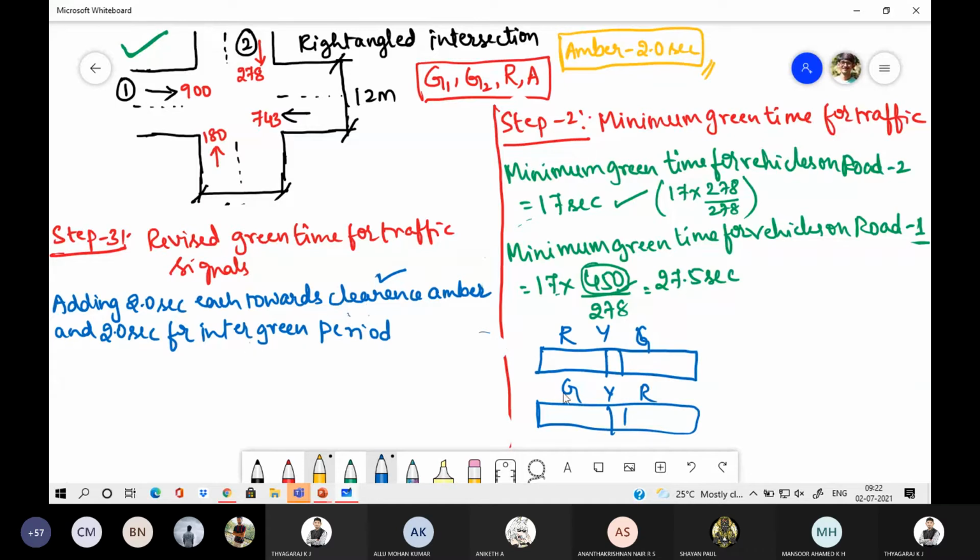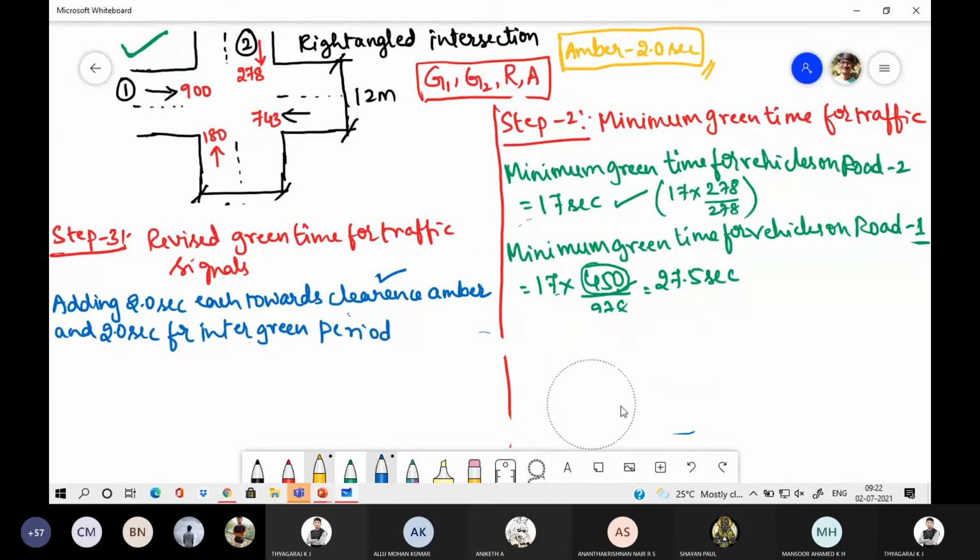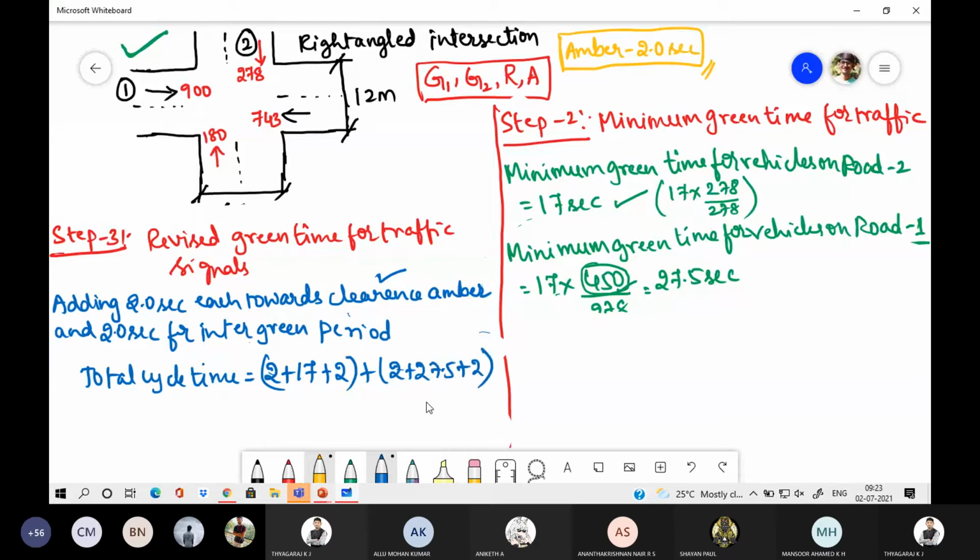Clearance amber is between green and red. Intergreen period is between red and green. Now write it here: total cycle time is equal to 2 plus 17 plus 2, one part, then another part, 2 plus 27.5 plus 2.